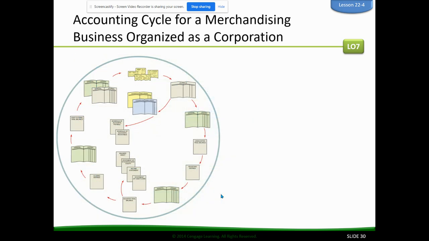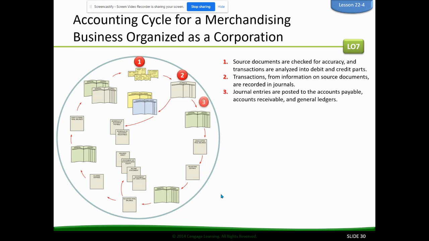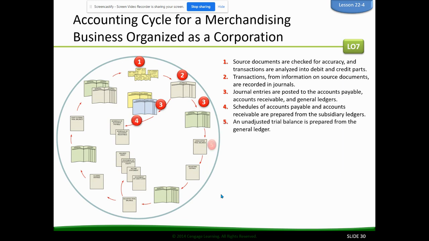Okay. And then that will take us to the end of the accounting cycle for the corporation. So we have all of our steps from source documents to transactions, journalizing, posting, updating our subsidiary ledgers, doing our worksheet, which would be steps 5 and 6.